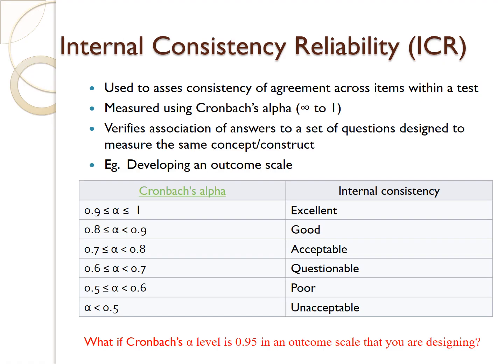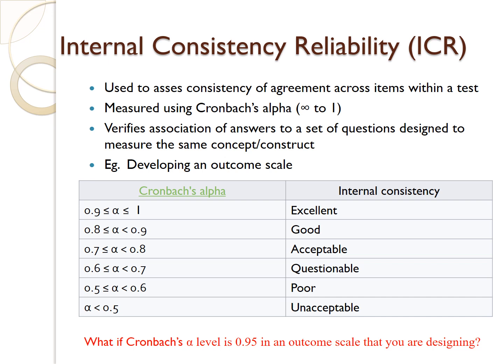The next is the internal consistency reliability, and many times we come across this in the research paper. It measures the consistency of agreement across the items within a test.